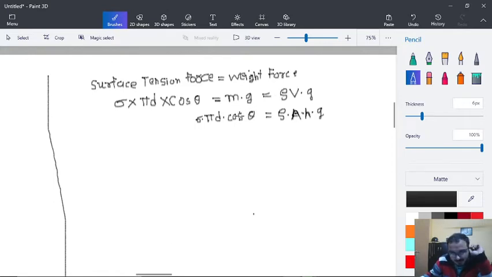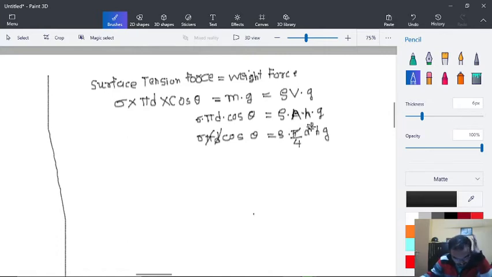So there are a few things which we will eliminate here. So sigma into pi d cos theta is equal to rho into pi by 4 d square hg. So what will happen here? Let's eliminate pi and d here.